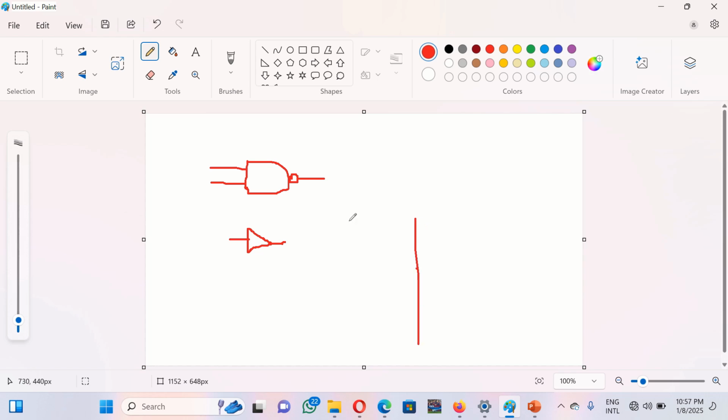If I have my input A here, and then my C here, and let's say the output here would be D. So D is my output.